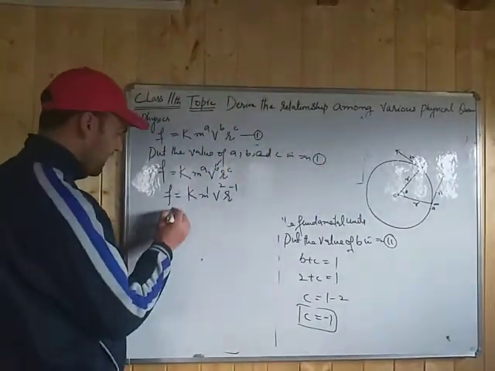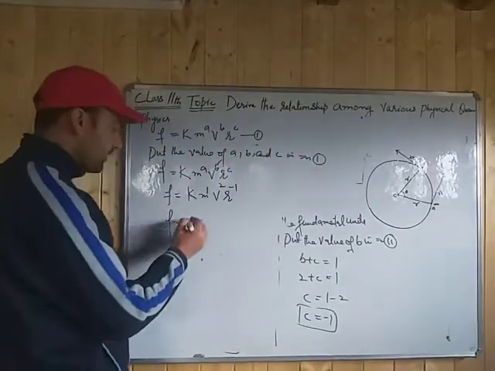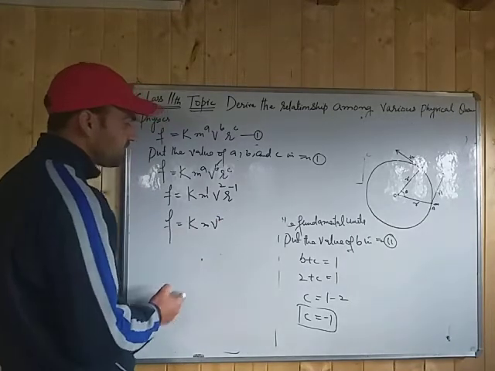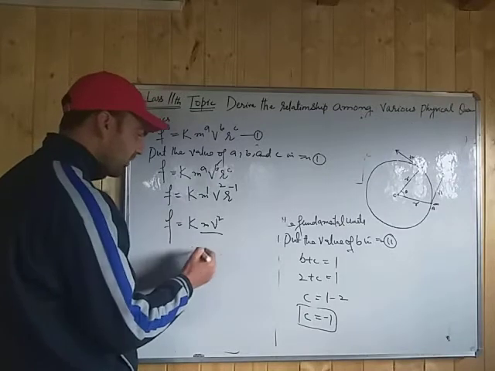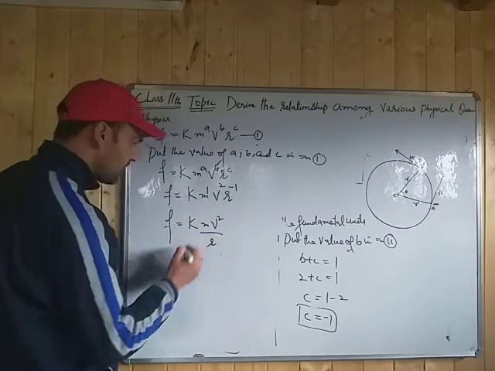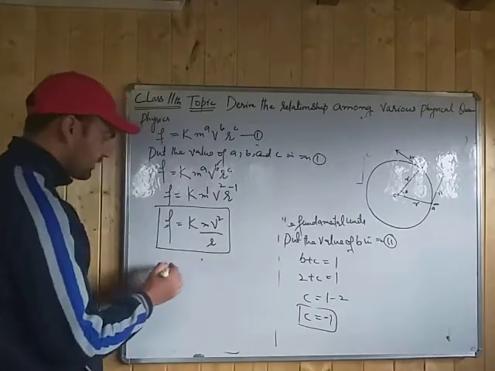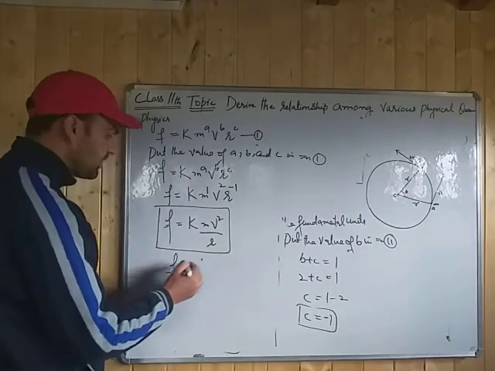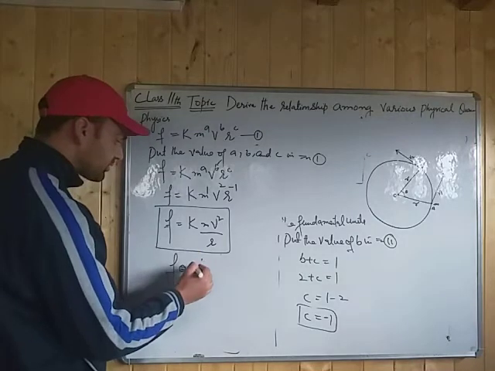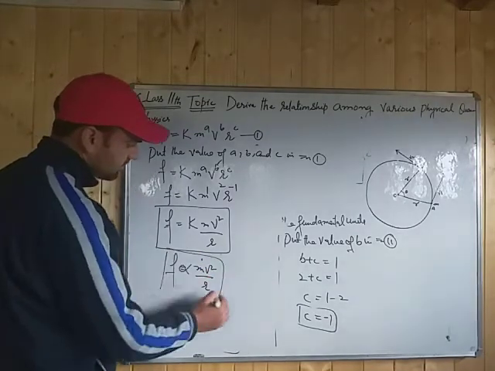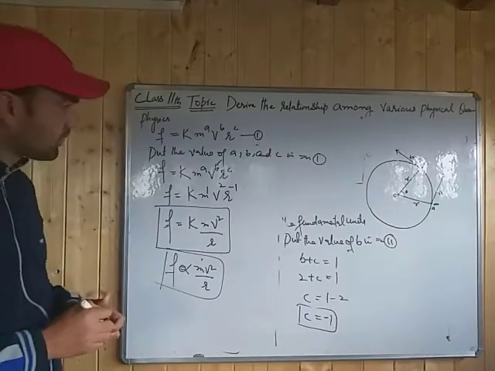Or we can write F is equal to k m raised to power 1, v raised to power 2, and r raised to power minus 1, I will write as 1 over r. So F is directly proportional to m v square divided by r. So this is the expression for the centripetal force.